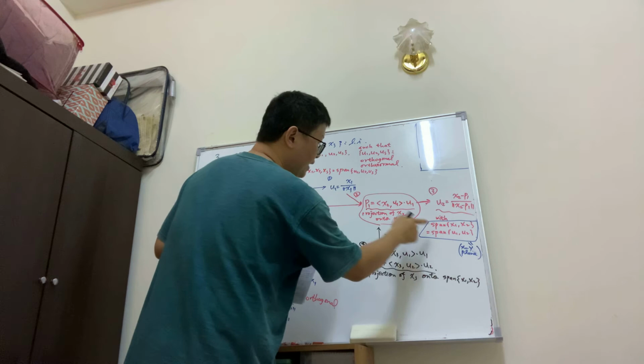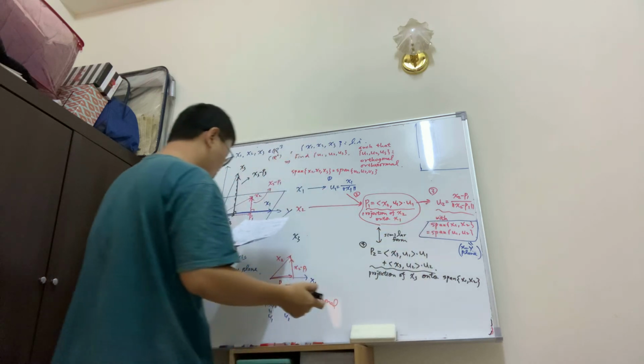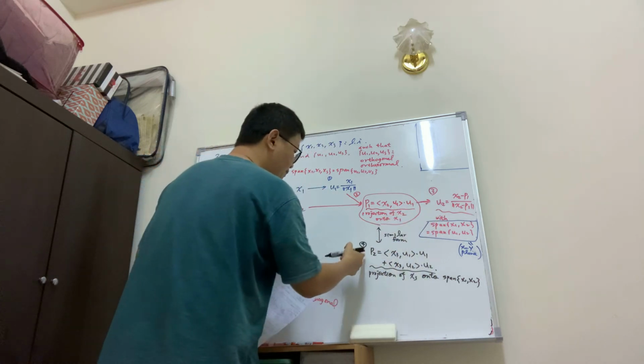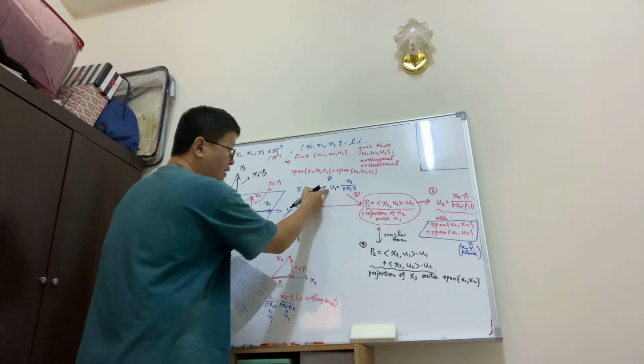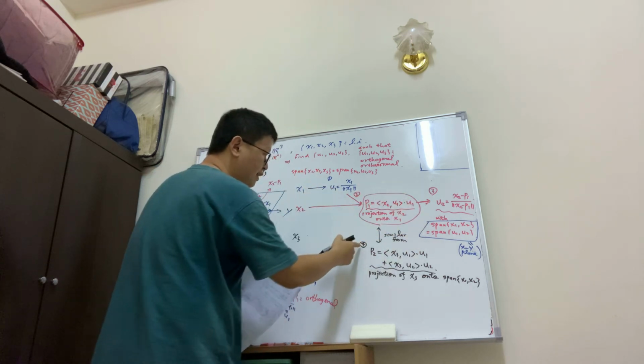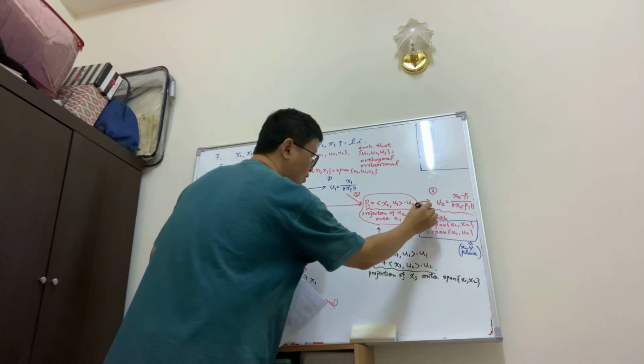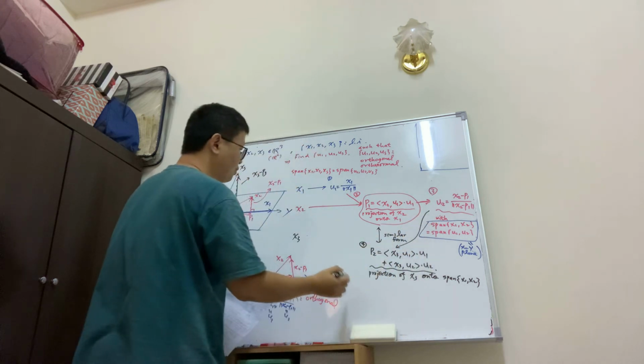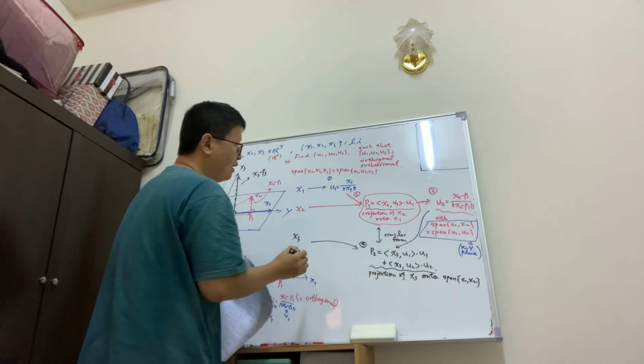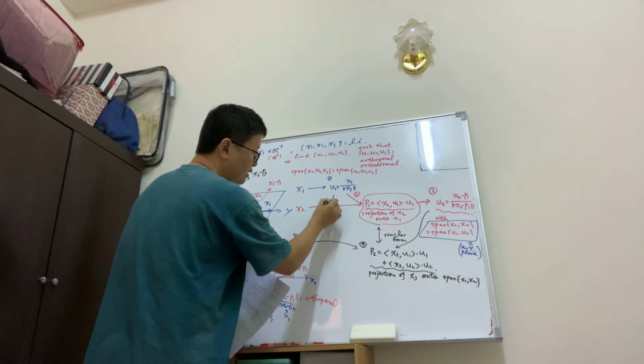U1 and the vector U2. So in this step, it's our first step, second step, third step, and then the fourth step. In this fourth step, you should use this one, and you also need to use U1.